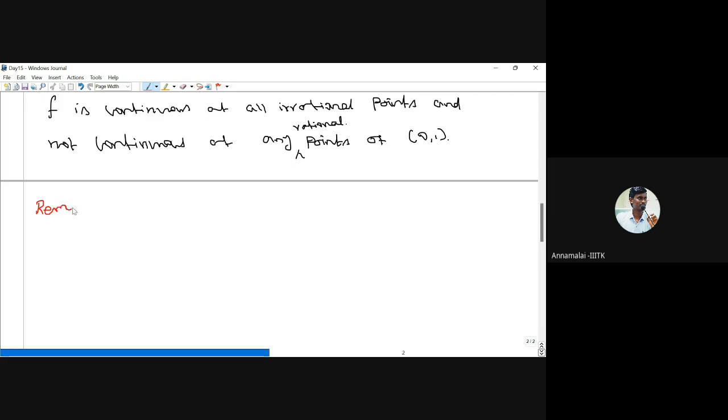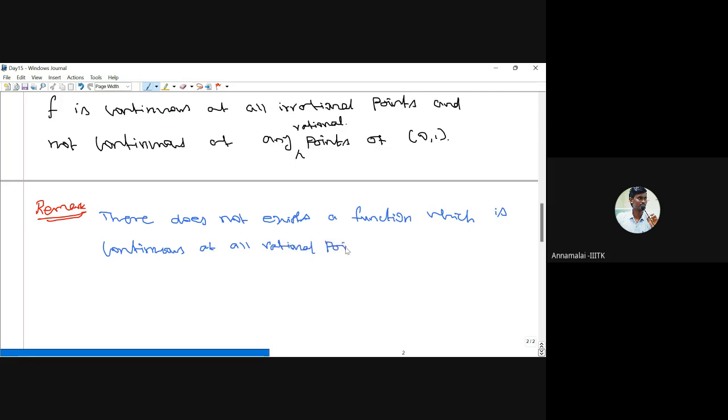Note or remark: there is no function which is continuous at all rational points and not continuous at all irrational points.